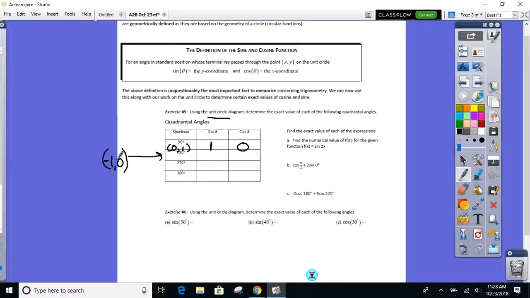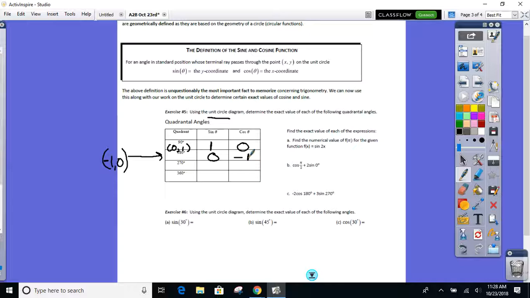Y coordinate. For cosine, which coordinate do I take? X coordinate. As long as it's on the unit circle, the sine is always the y, cosine is always the x.